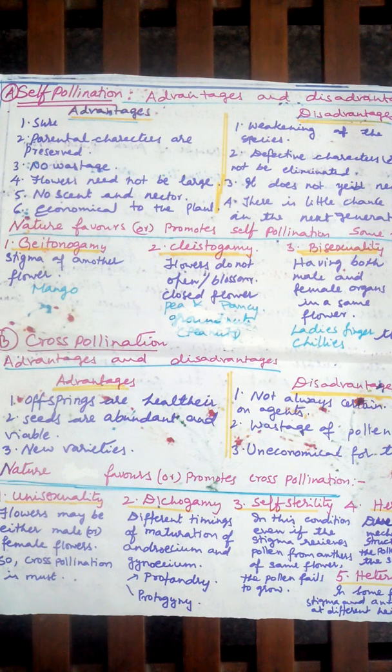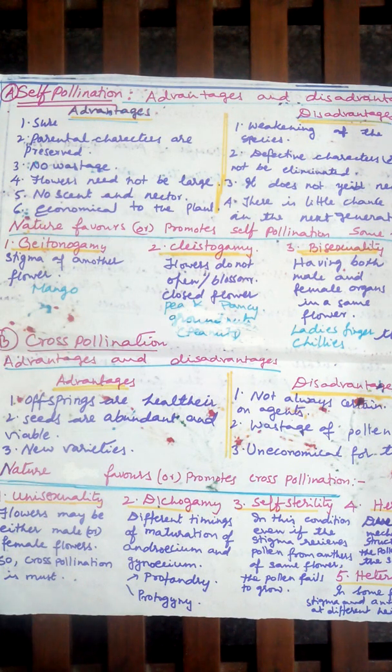First one is geitonogamy. The stigma of the anther of the same plant, that is same species, same plant, neighboring flowers will get pollinated. That is geitonogamy. Geitonogamy is where pollination takes place between flowers of the same plant.